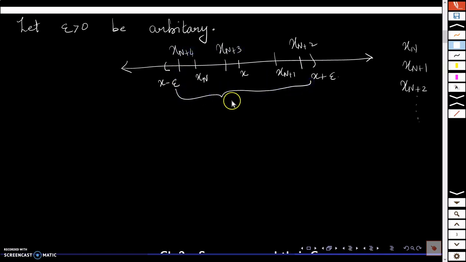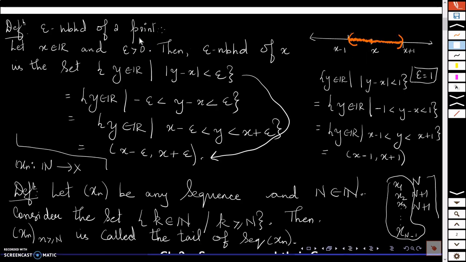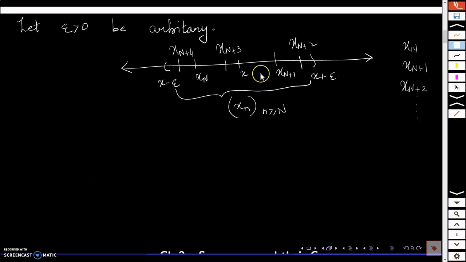So if it is possible for me to include all the terms here after capital N, then we say that the original sequence xn that I started with converges to the point small x.